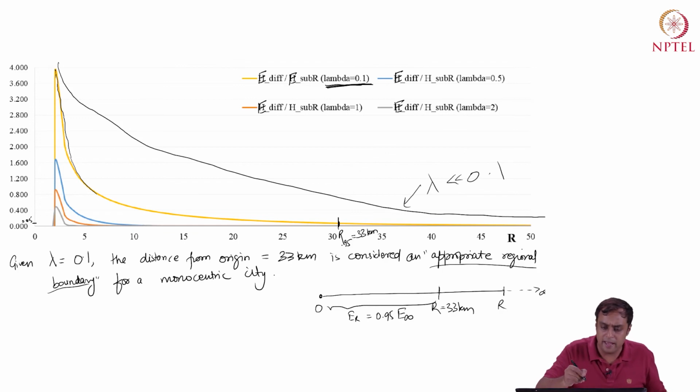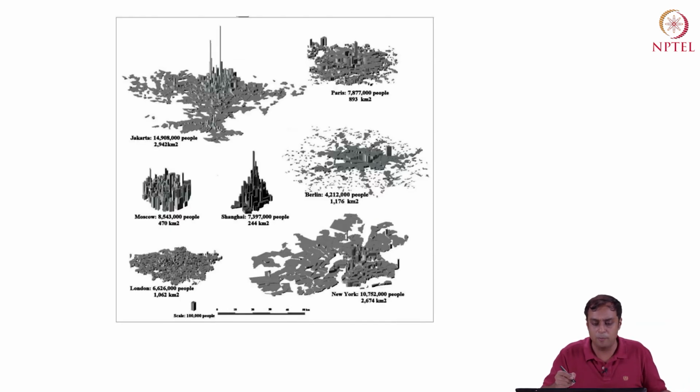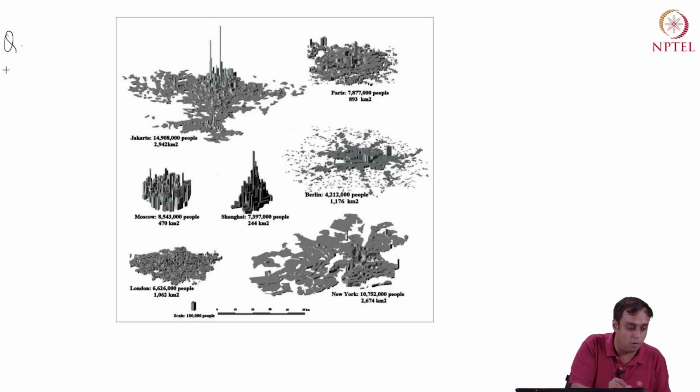Now, as an exercise, I'm going to ask you to figure out the radius of a monocentric city that captures 99% of the variation. So I'm going to make it stricter. Figure out R 0.99 such that E diff by ER equals 0.01.